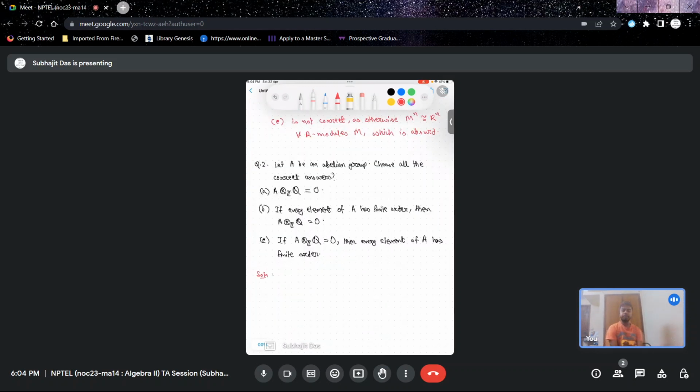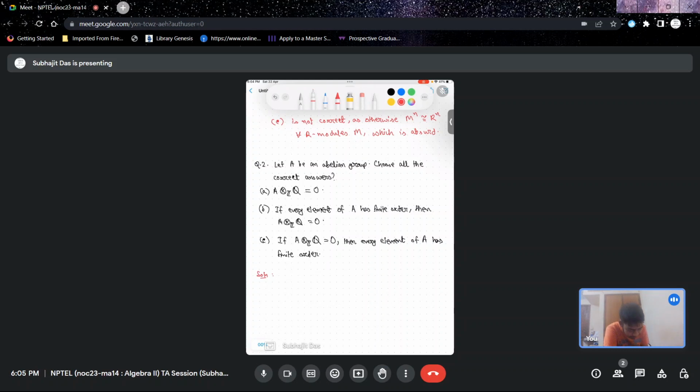So you take an abelian group A, which, as you already know by now, is the same as a Z module. Now you need to choose the correct answers. So option A says that A tensored over Z with Q is equal to 0.